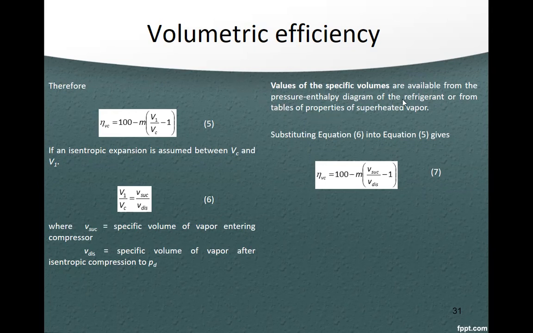Values of specific volumes are available from the pressure-enthalpy diagram of the refrigerant or from tables of properties of saturated vapor. So substituting in equation 6, equation 7: ηVC, clearance efficiency, is 100 minus M times v suction divided by v discharge minus 1. Yan. Okay. So yan yung volumetric efficiency mo.